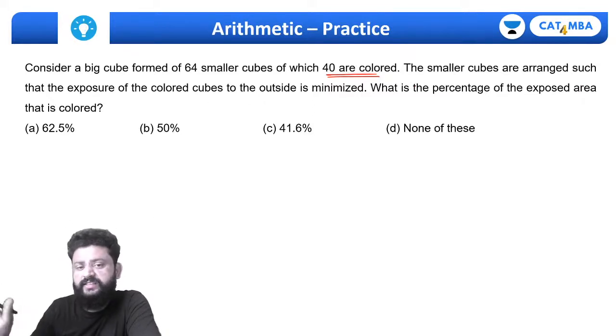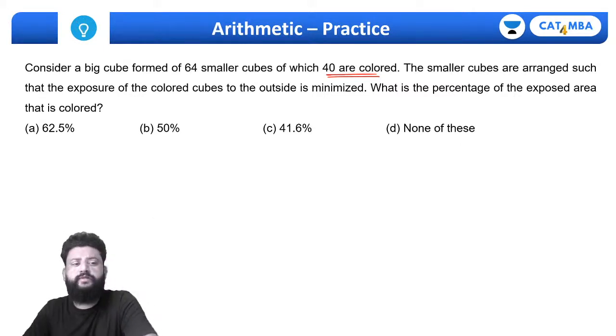That means the colored faces visible from outside should be as few as possible, that should be minimized. And what is the percentage of the exposed area that is colored? That's what the question is.